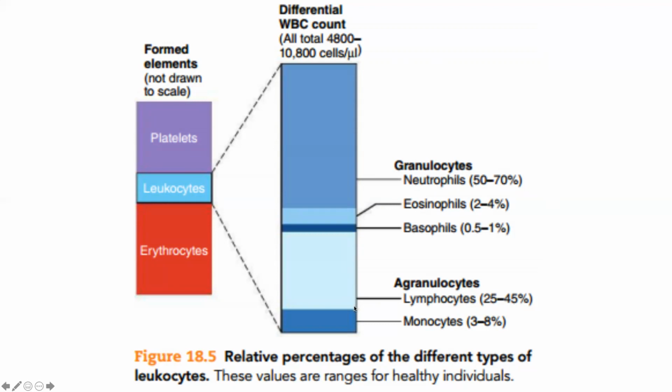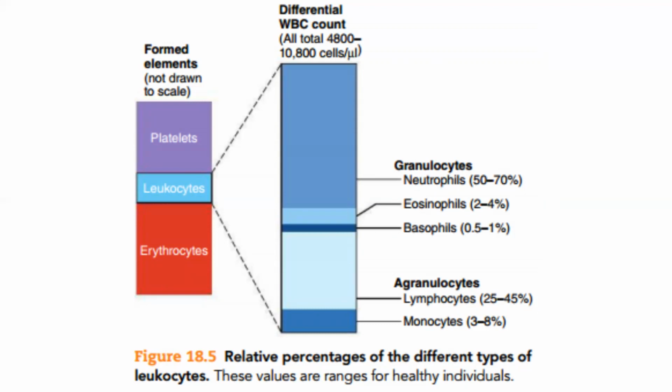Lymphocyte is about 25 to 45% of the total WBC. Monocyte 3 to 8%, eosinophil 2 to 4%, and basophil 0.5 to 1%.